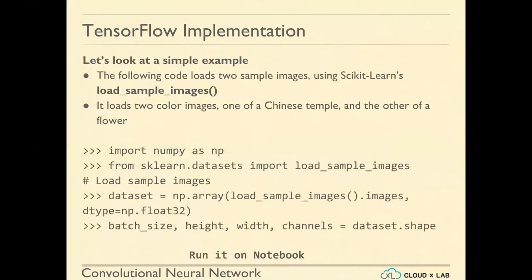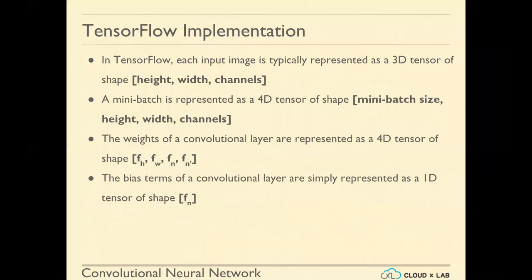Let me explain through the example. Fn' is the number of layers in the previous one, the z dimension, and Fn is the number of such filters that are being applied.